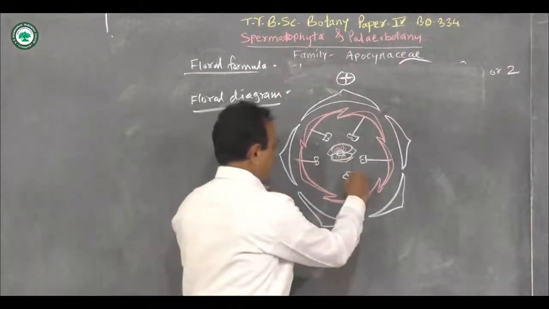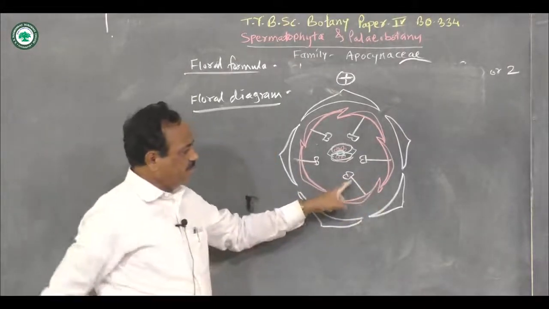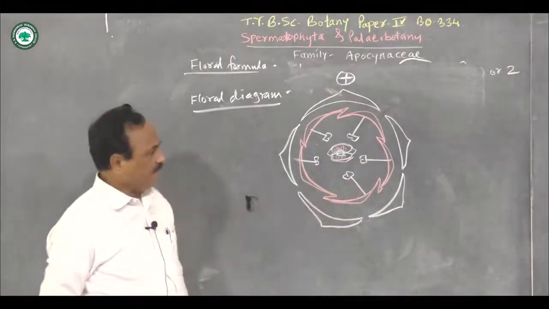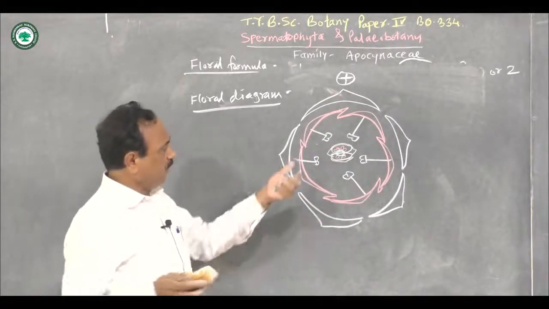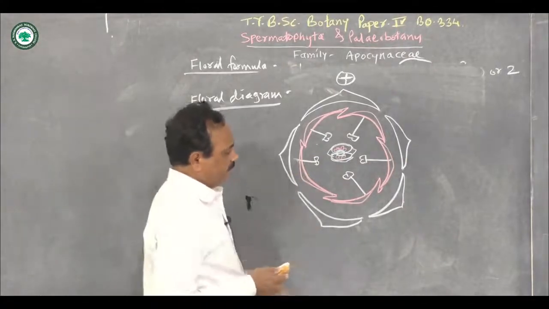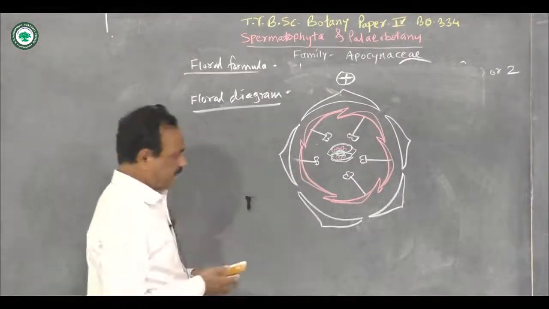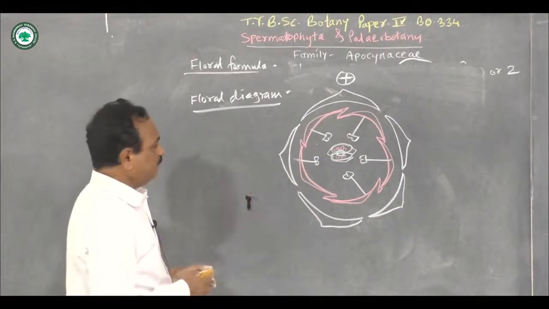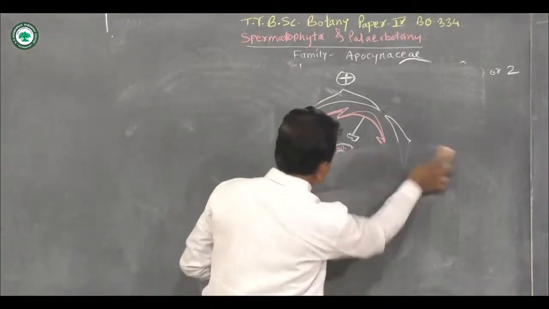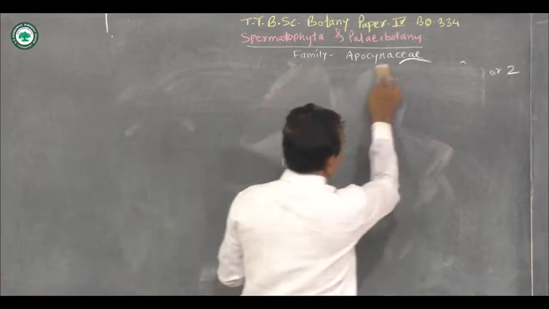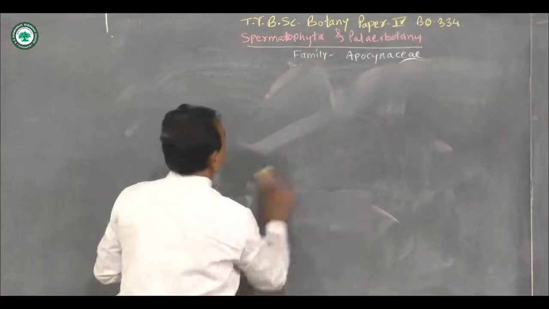The stamens are dithecous, basifixed, and epipetalous. And the gynoecium is bicarpellary. Ovaries are free but united by their style and stigma, showing the marginal placentation. So this is about the floral formula and floral diagram of this family Apocynaceae.